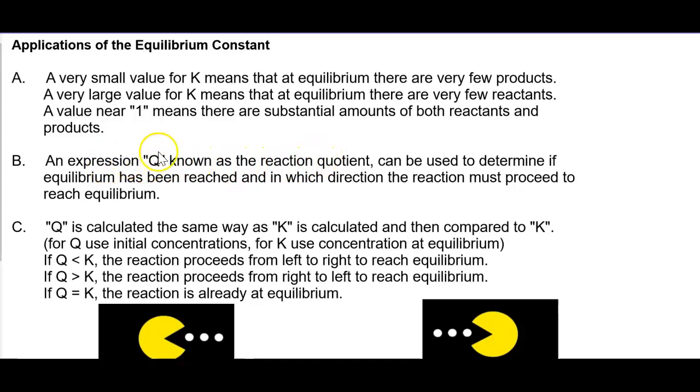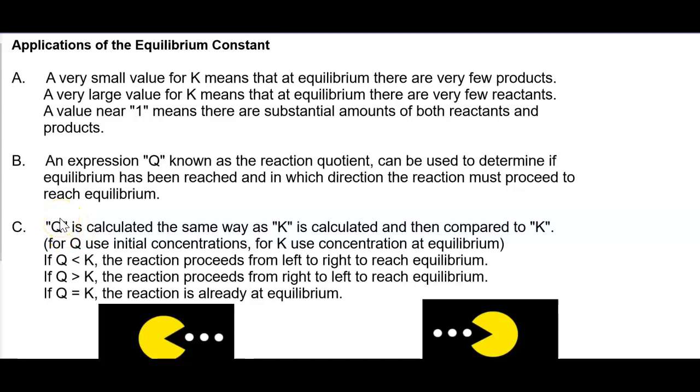So we're going to use Q, known as the reaction quotient, to determine which way the reaction will shift to reach equilibrium. Most reactions that we look at aren't at equilibrium unless we're told otherwise. So we're going to use the concept of Q versus K. I look at Q as a Pac-Man. I know it's a stretch, but bear with me, and you'll see how this works.